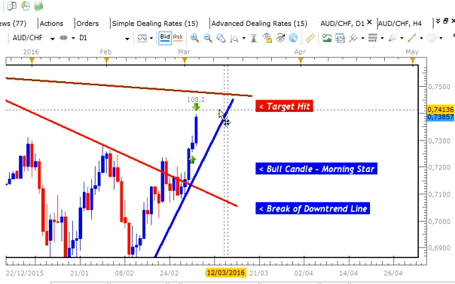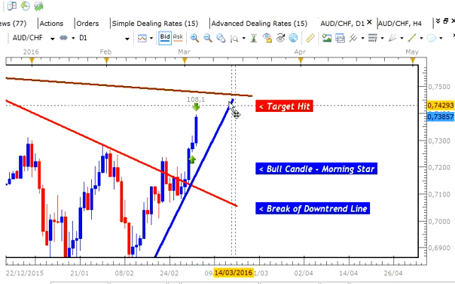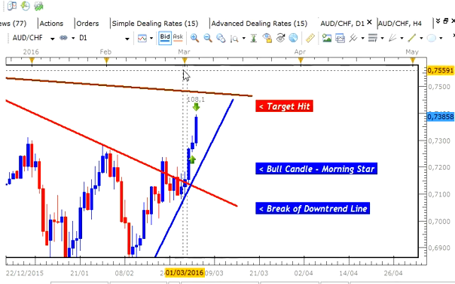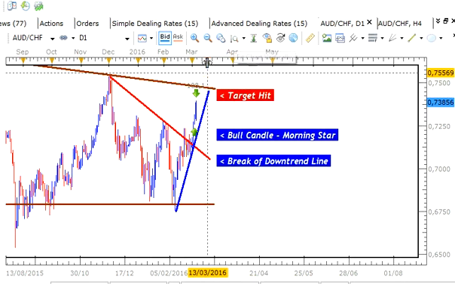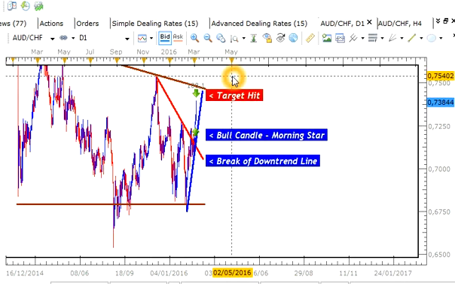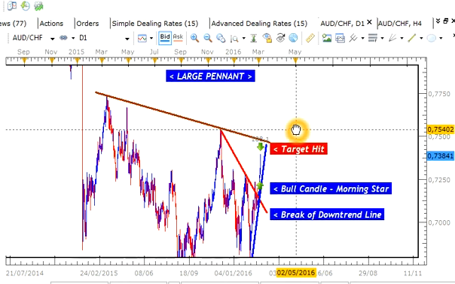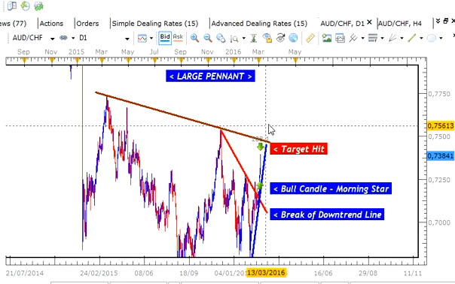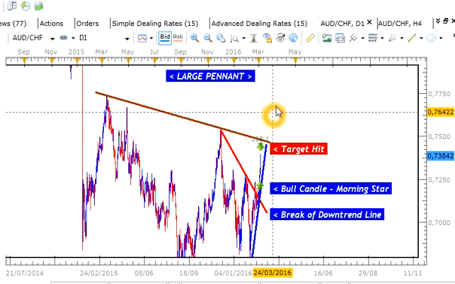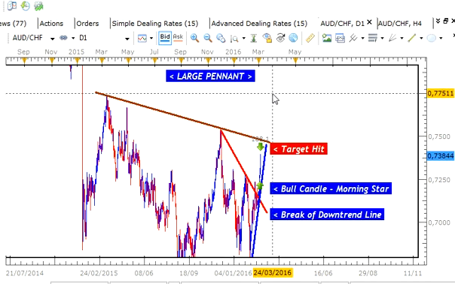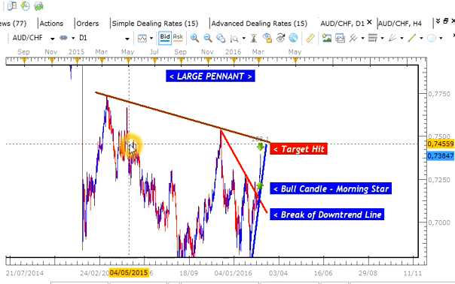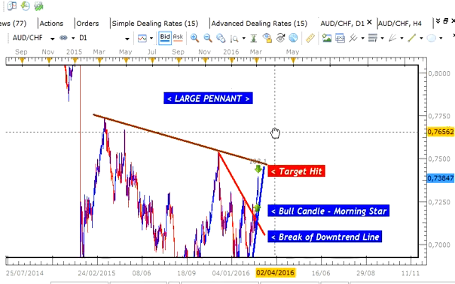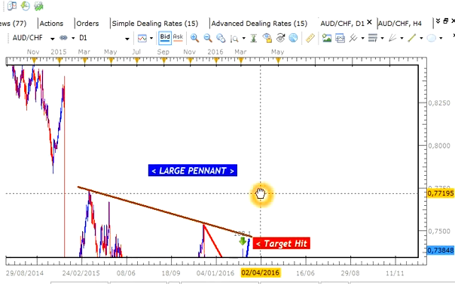If that does not take place and the market lingers in this area for a very long time, we could actually see the market start to break out above the resistance boundary of this large pennant consolidation. So we could actually see a strong movement in favor of the Aussie dollar that carries us towards this area here at least. Given the size of the consolidation, that breakout would last for a very long time.